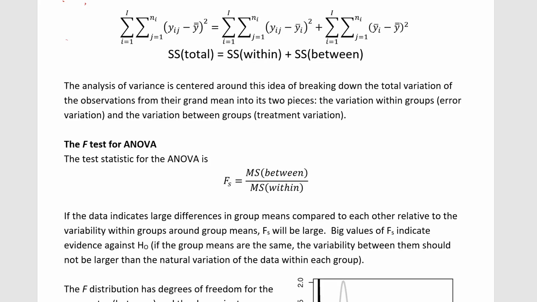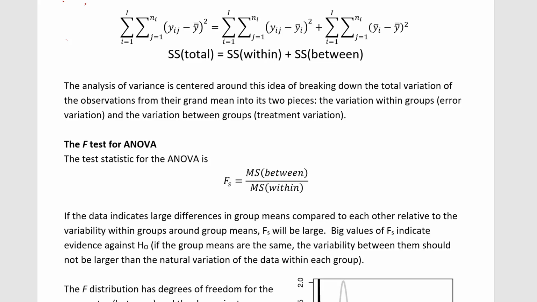So this is the heart of how we calculated our R squared in regression. We took the amount of the variability that was attributed to the regression divided by the total variability, the sum squared total. So we're going to do the same thing with an analysis of variance.